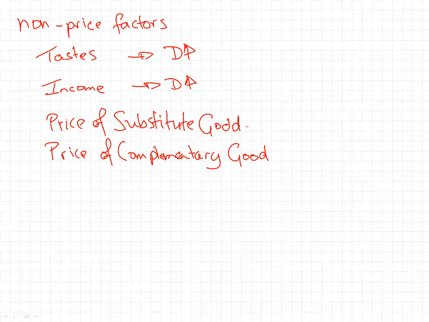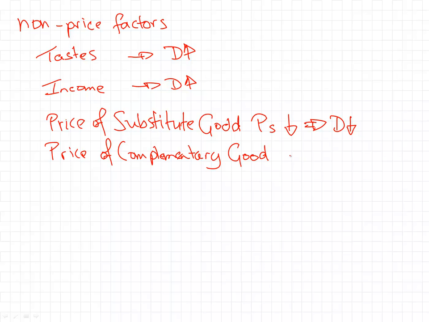Now, if the price of a substitute good, let's say a blueberry goes down compared to the iPhone, then people are going to say, well, hang on, those two goods both do the same purpose. I'm going to switch from the iPhone to the blueberry. So if the price of a substitute good went down, that means that the demand will actually decrease, because people will buy less of that good and buy more of the substitute.